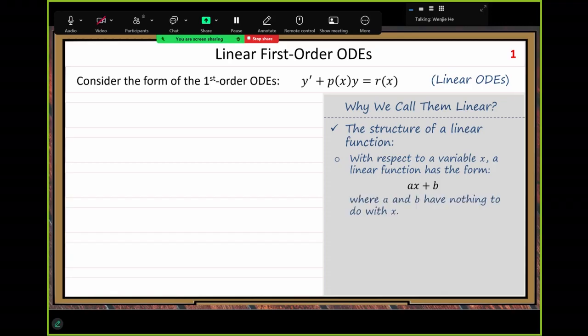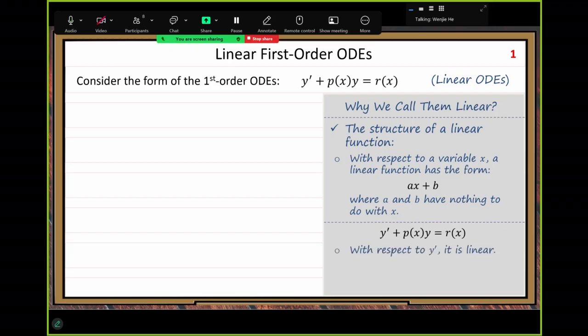Then we apply this understanding to our equation. When we say linear, what is the specific meaning?